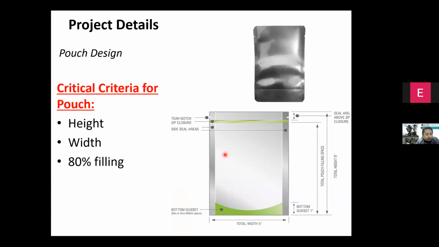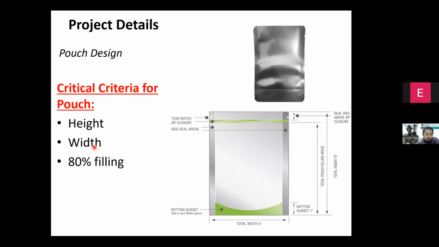So the first one is the pouch design. This is also a criterion that we need to consider. This is an example of the pouch, the silver one here, or we can say food packaging. So height, width, and 80% of the filling we have to consider in our food holder design. You can see 80% of the filling: the food holder height must be below 80% of the filling, because above the 80% of filling, we need to have a space for the sealing process in the third stage.